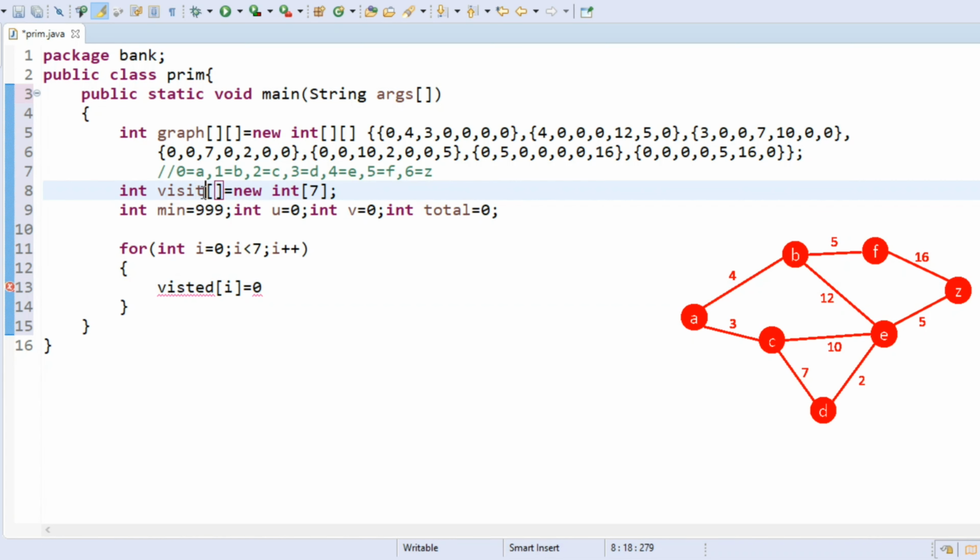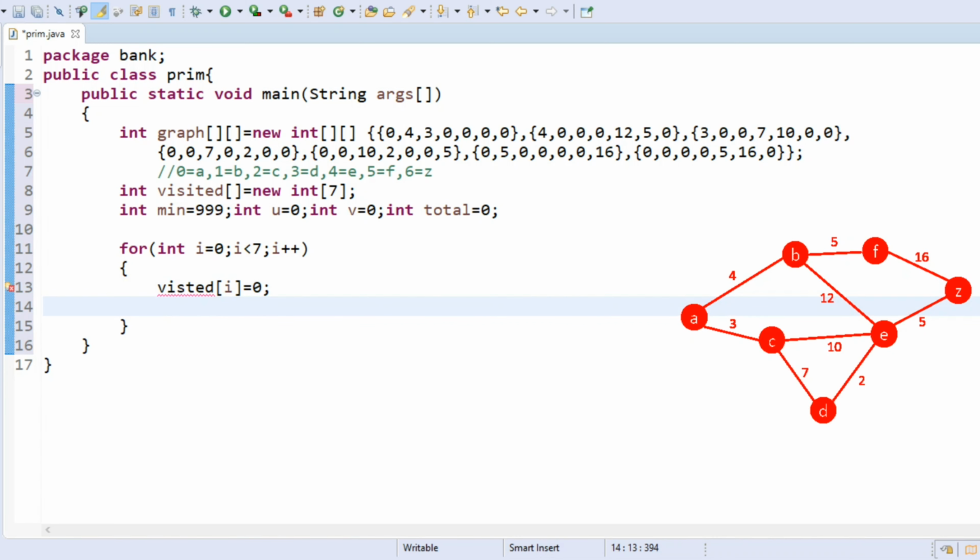Here its name should be visited, so I named visited as 0. After that I am taking another for loop for finding the minimum of the given matrix: for int j equals 0, j must be less than n, j plus plus. The value of n is 7.